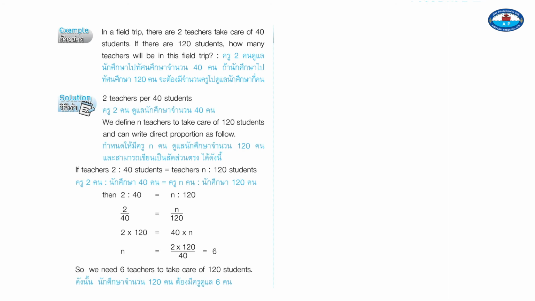We define n teachers to take care of 120 students and can write direct proportion as follows. 2 over 40 equals n over 120. 2 times 120 equals 40 times n. n equals 2 times 120 over 40 equals 6. So we need 6 teachers to take care of 120 students.